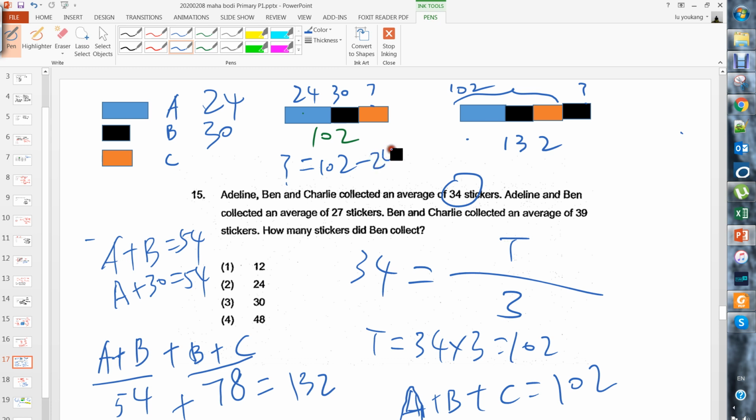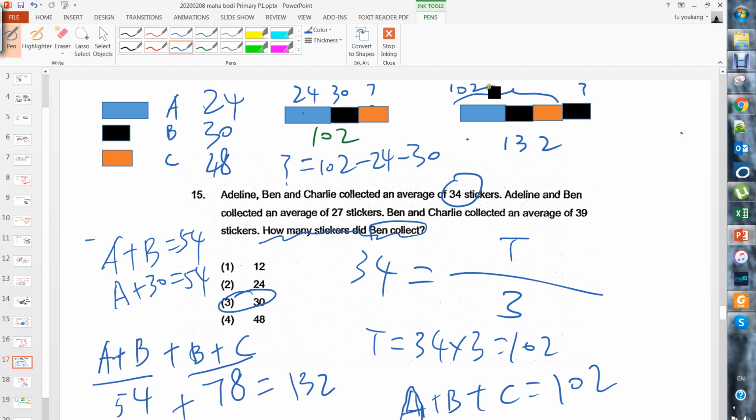Yeah, you give me the operation, no need to use minus 30. Very good. So 48, which is your orange. So what they ask, how many stickers did Ben collect? So they want Ben, right? Yeah, Ben is how much? 30. Very good.